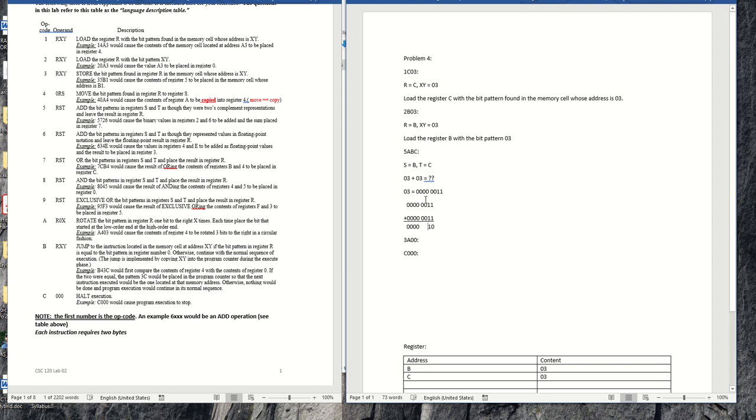That would carry another 1 to this third column, and then 1 plus 0 is 1. I know that's kind of hard for me to show on this Word document, and I apologize for that. If you're kind of confused about how I did that adding, feel free to reach out to me. I can work something out on a scratch paper or point you to some more resources to help you out with that.